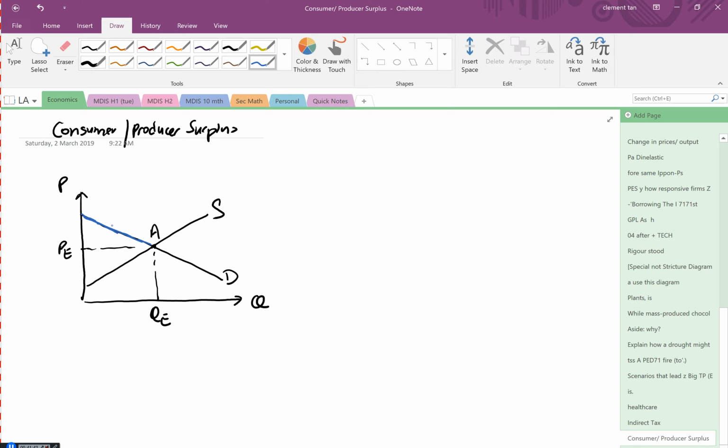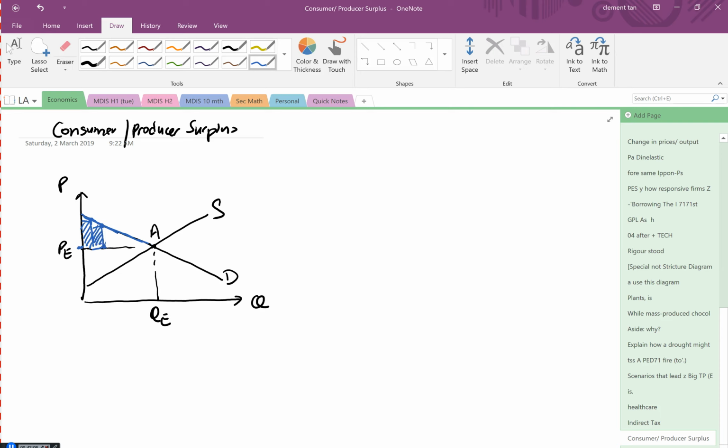So for example, if this is the first unit, he is willing to pay $10, but the price is only $5. Then the consumer surplus will be $5. Understand? Then if he's willing to pay $8, let's say, but he only paid $5, consumer surplus again.